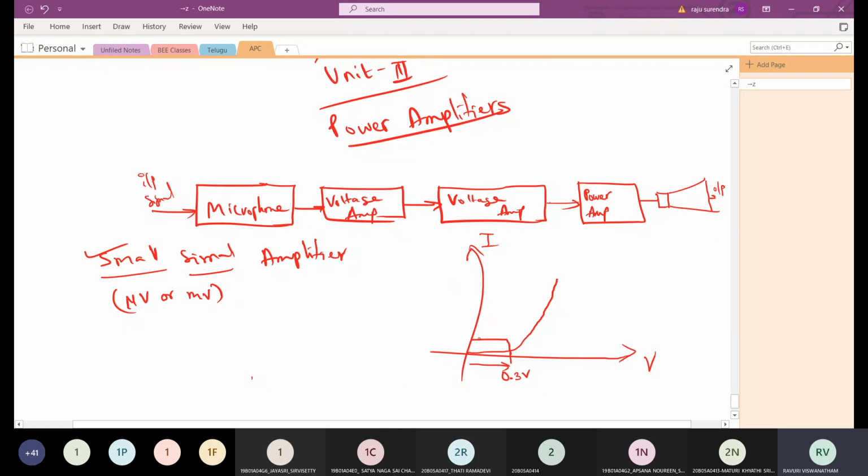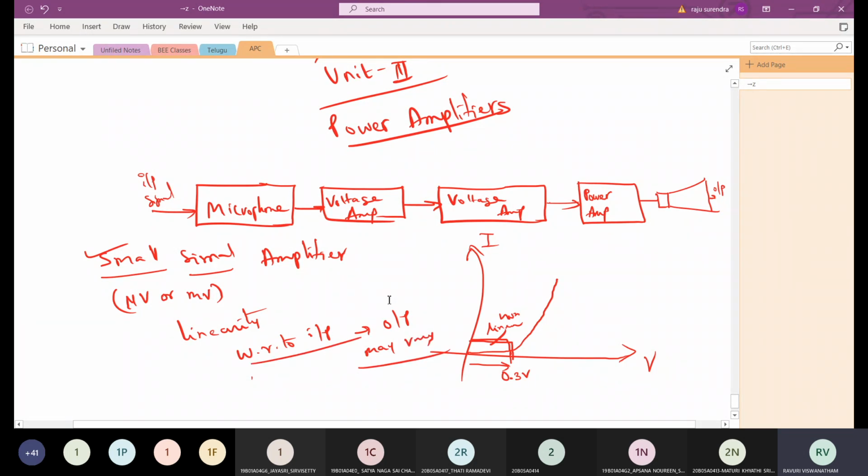And this portion is called the non-linear portion. Why? Because I think everybody maybe knows about linearity: with respect to the input signal, the output also varies. That is simply what you can call linearity.